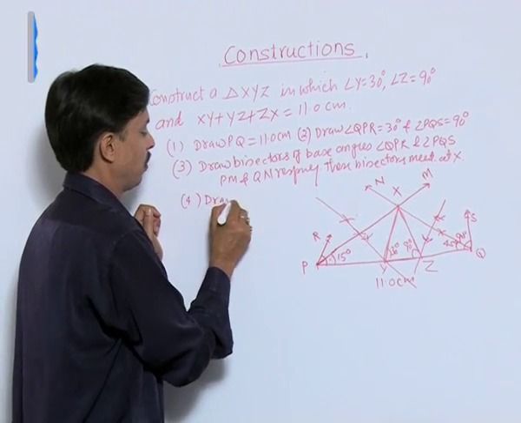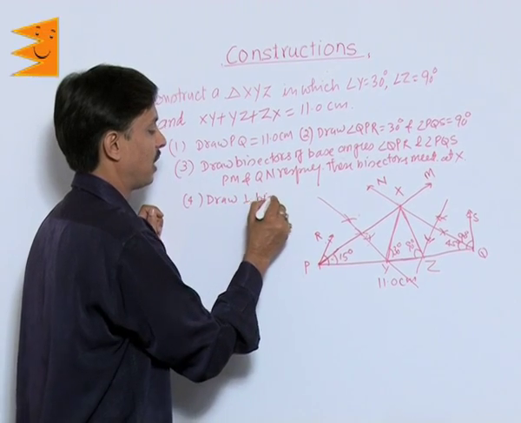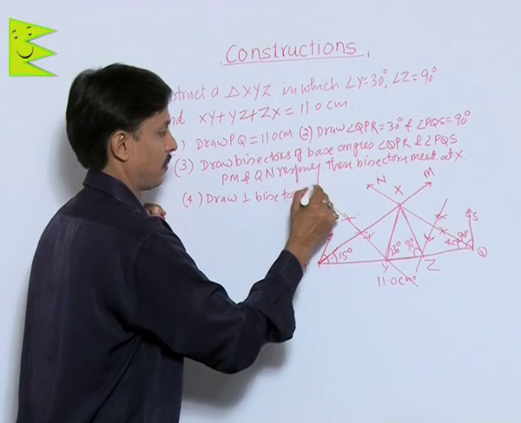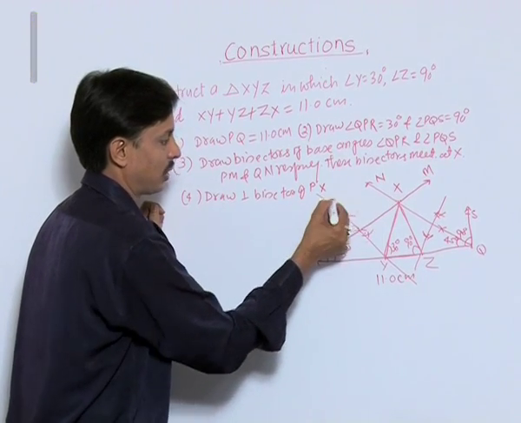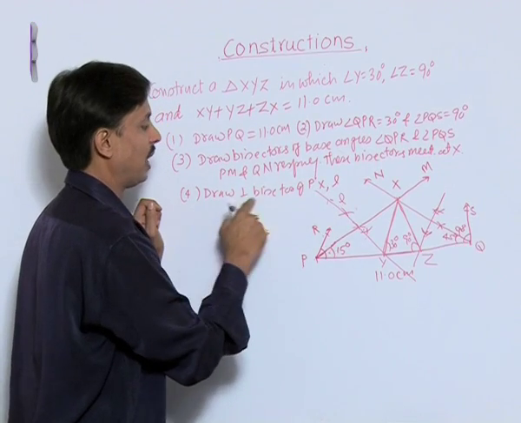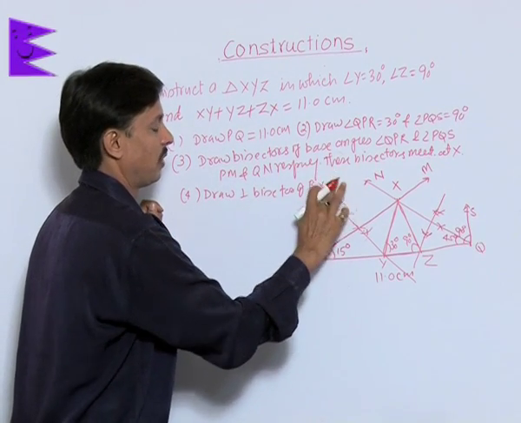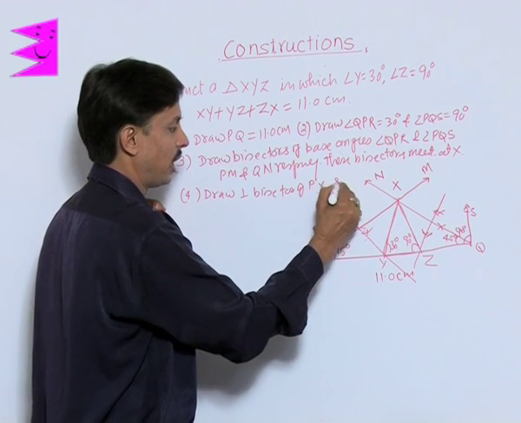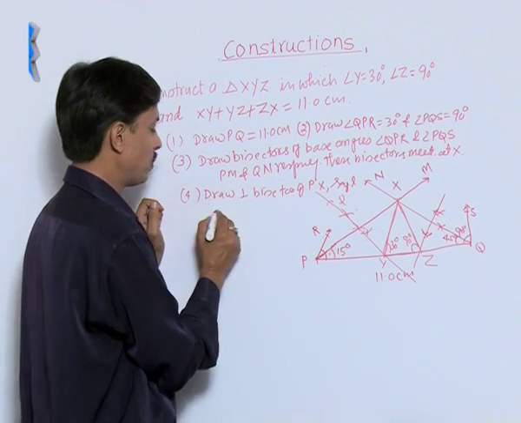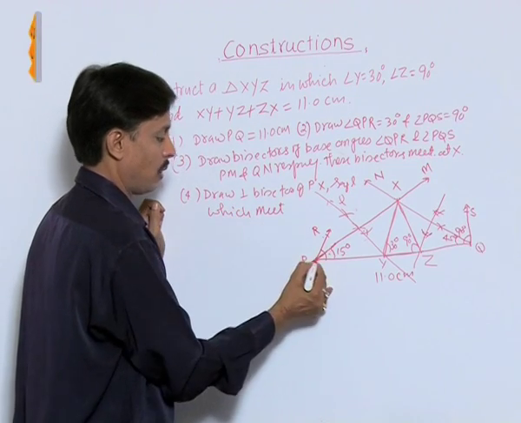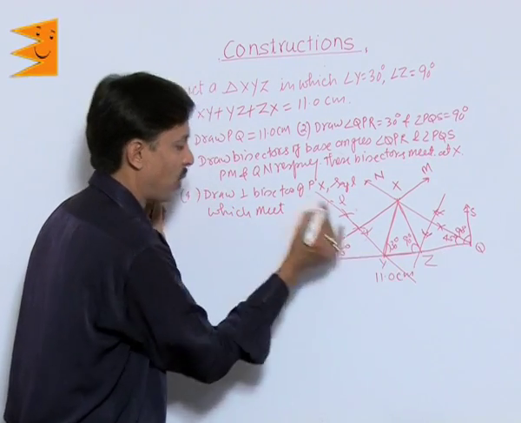Draw the perpendicular bisector of PX, say L, which meets PQ at Y.